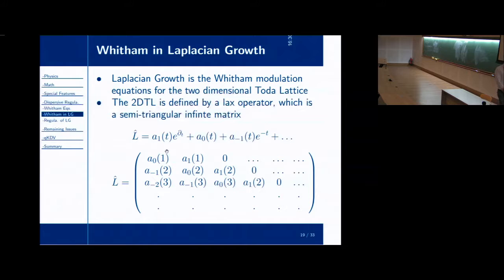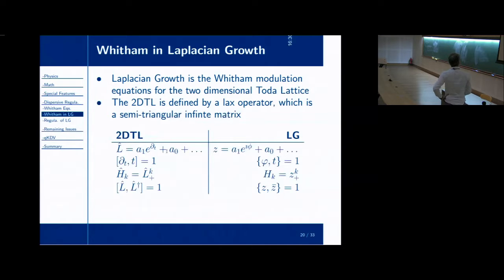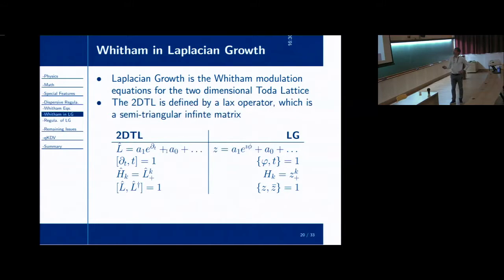The spectrum is invariant in time, and this defines for us a certain Laplacian growth problem. So let's look at this correspondence. There is a full equation, the two-dimensional Toda lattice equation, which is the full quantum problem, and there is this semi-classical limit, the Whitham equation, or dispersionless limit, which is Laplacian growth.